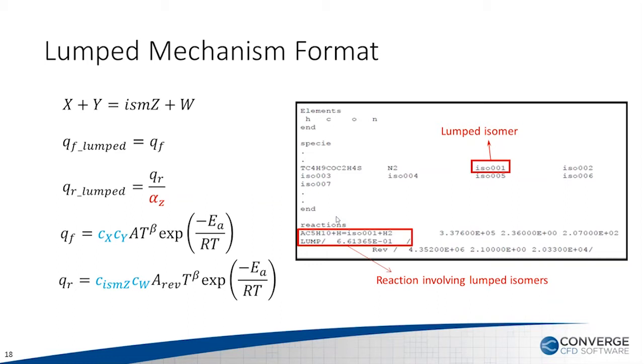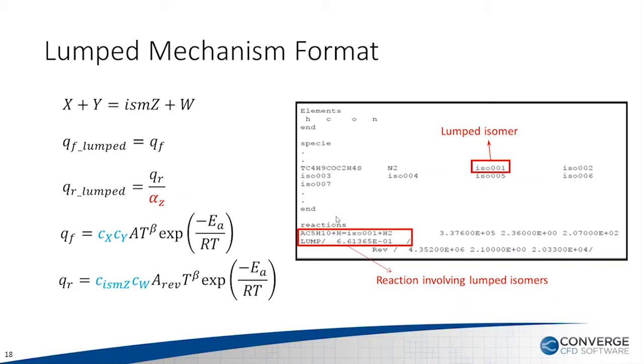This is just an example of what the final mechanism looks like after lumping. You can see that instead of a species name starting with CH, the names always start with ISO, which is short for isomer, and it depends on the groups you have. You can have ISO 1, ISO 2. In this example, we have 7 isomer groups.